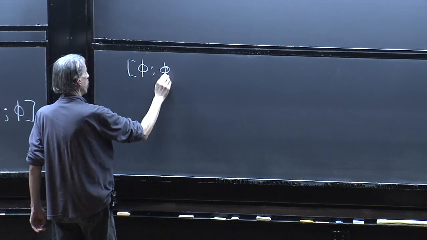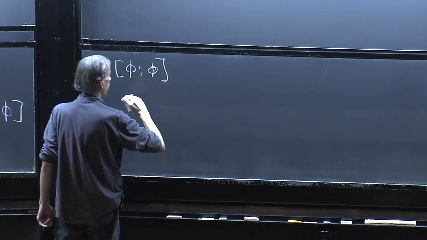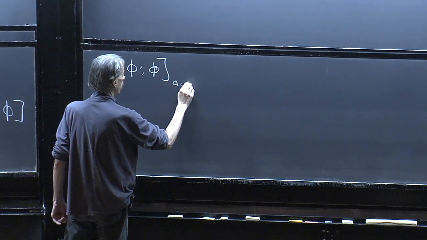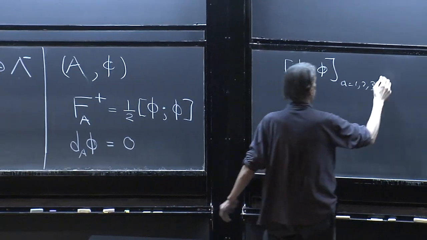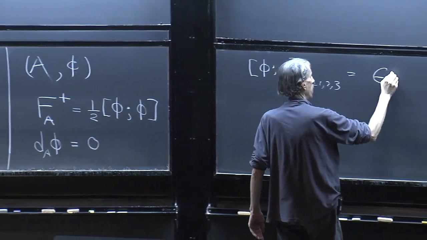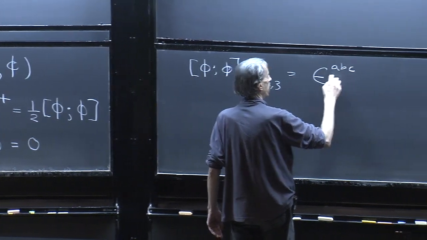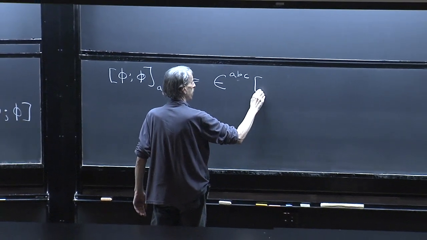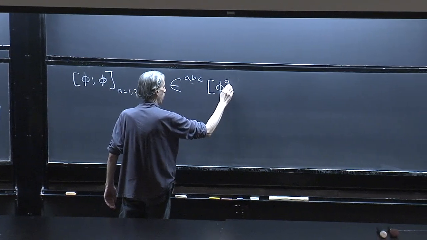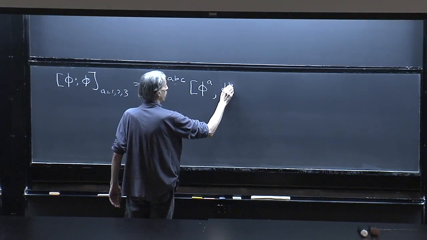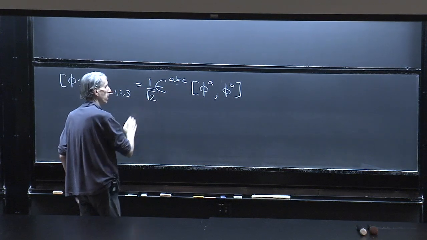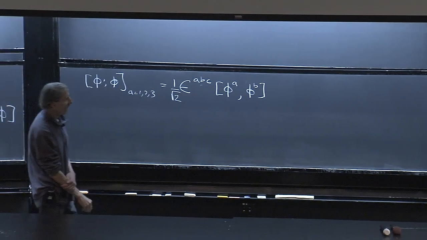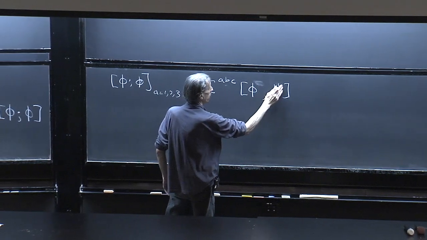If I choose a basis a equals 1, 2, and 3 for self-dual 2 forms, then you have the antisymmetric symbol epsilon abc, and then I take the actual commutator of the components. And then there's a 1 over the square root of 2, which is my own pathological normalization. Let's put these indices down.